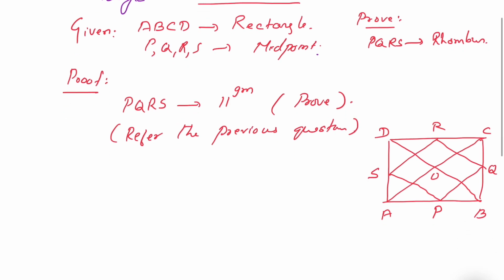This is mandatory for all: first the quadrilateral has to be a parallelogram. Then you have to prove it is a rhombus.